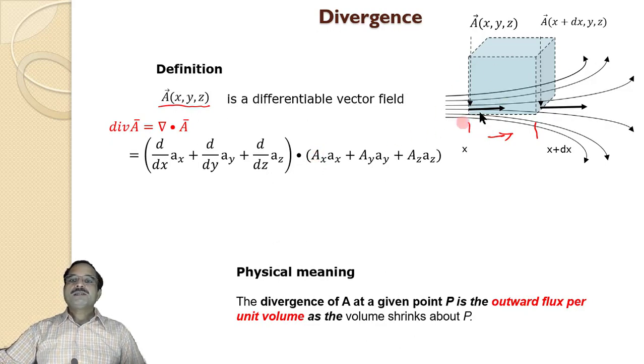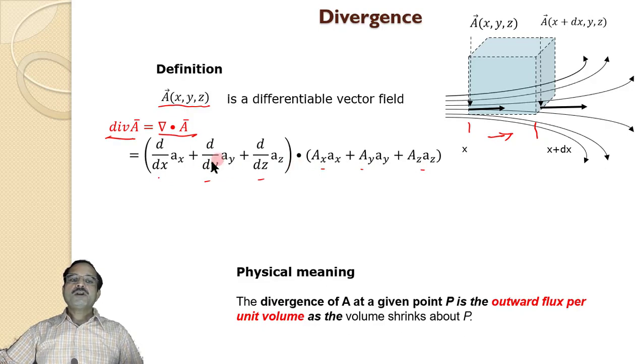So as applied to a three-dimensional Cartesian coordinate system, the divergence is represented by the notation div A or del dot A, where del is the del operator, with x component, y component and z component, and this is vector A, with x component, y component and z component.